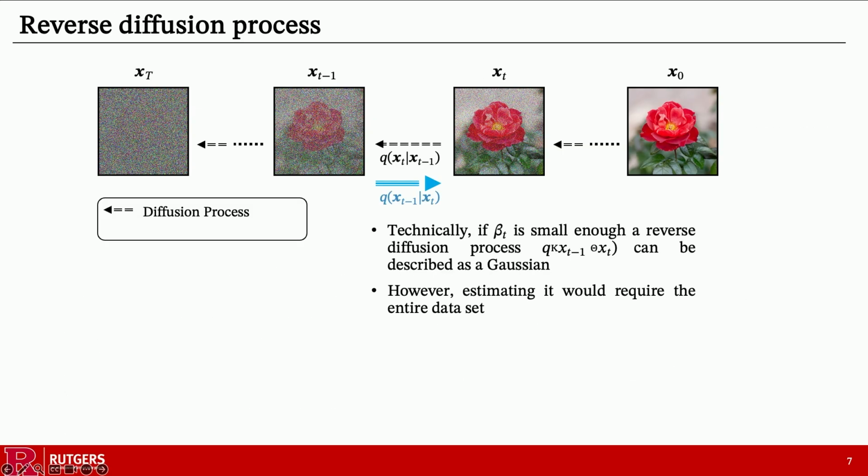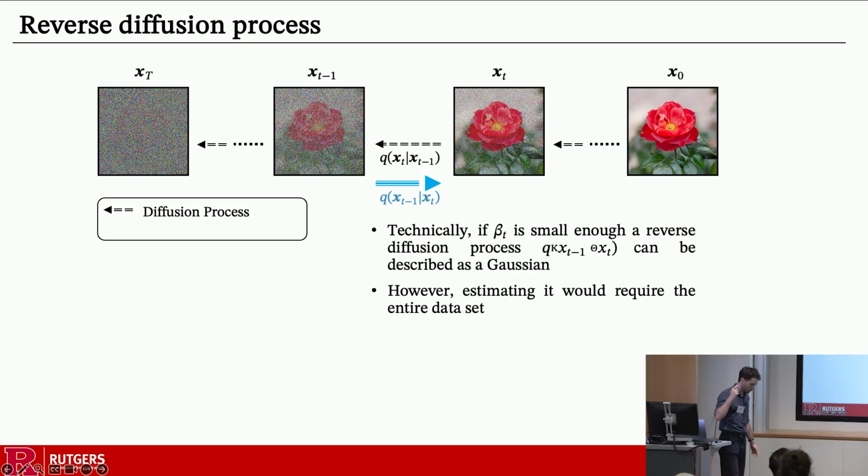It has also been shown, actually the paper is kind of old, before diffusion models were a thing, that the inverse of a Markov chain that follows very, very small steps of adding noise can also be modeled as a Gaussian.